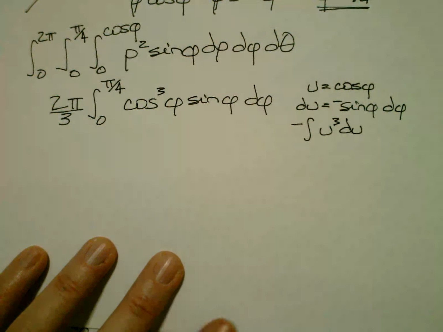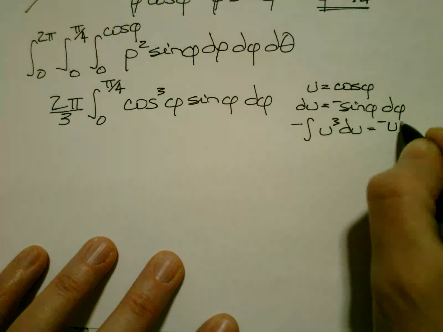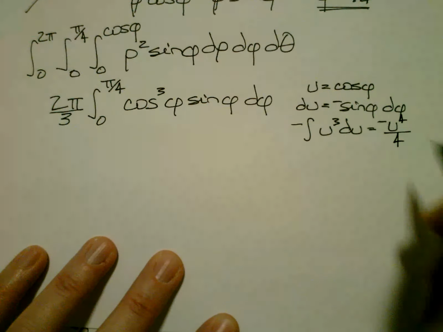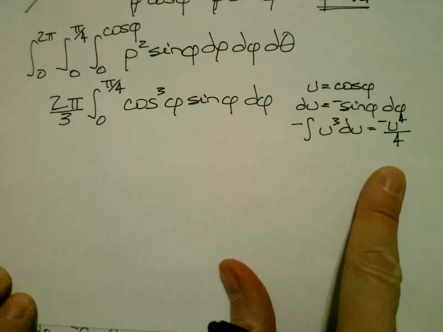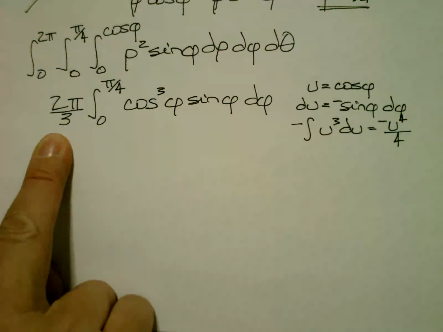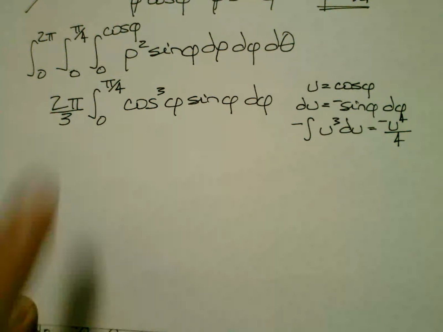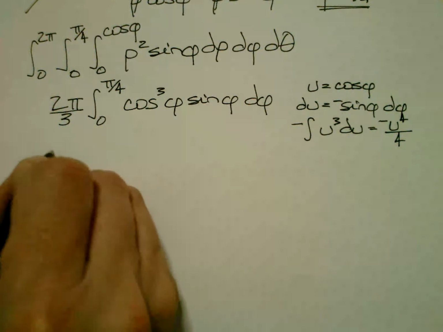When I integrate that, I get negative u to the 4th over 4. So I'm going to take that 1/4 and put it out here, multiply by the 2 pi over 3. So 2 pi over 12 is pi over 6.